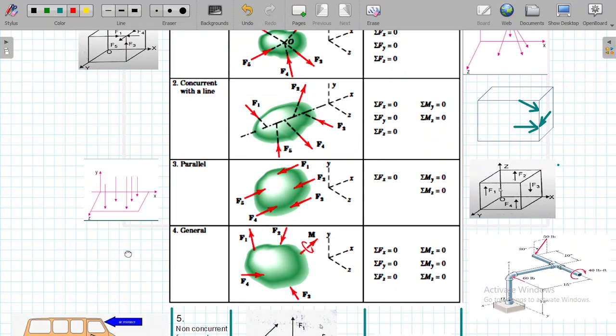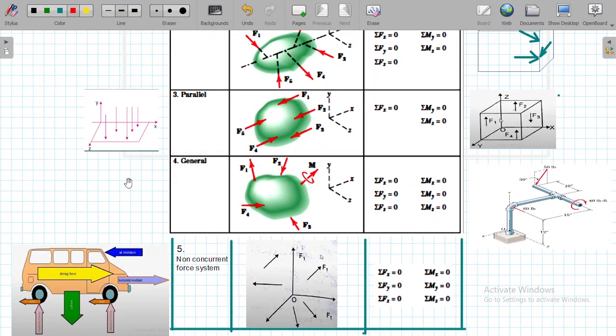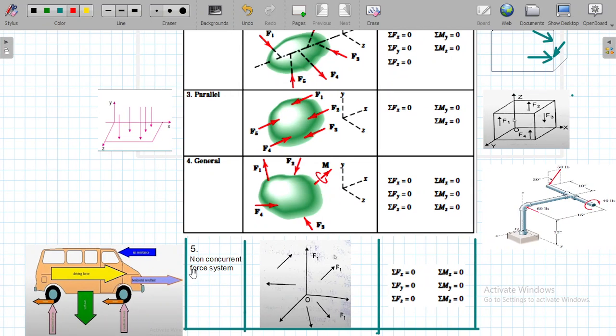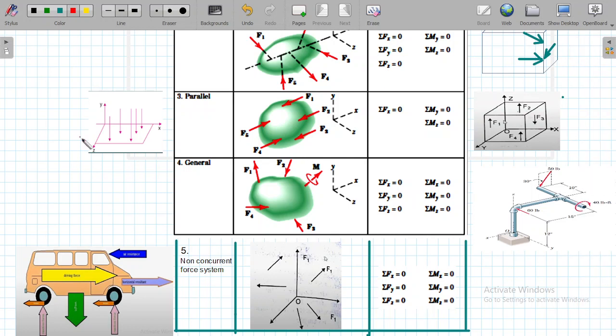We see a non-coplanar force system, but this system is non-concurrent in nature. So you can say it is a non-coplanar, non-concurrent force system. A very typical type is shown over here.